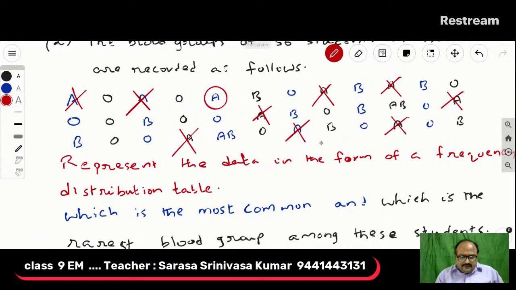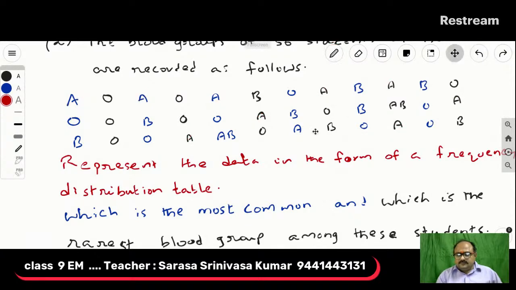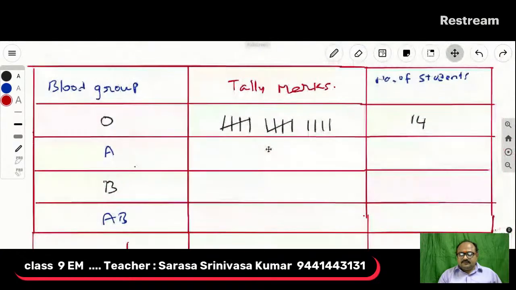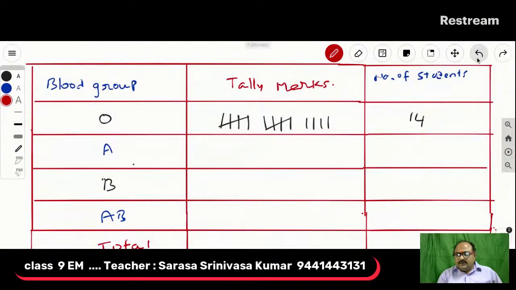So 10 students have blood group A. 10 in tally marks is 5 plus 5: 1, 2, 3, 4, 5, plus 1, 2, 3, 4, 5.